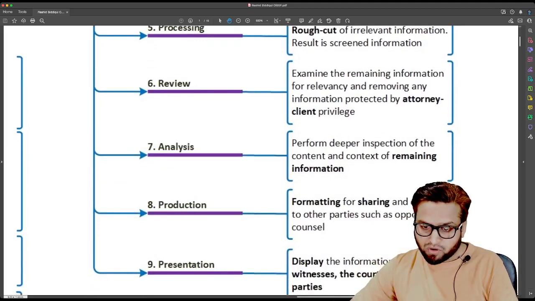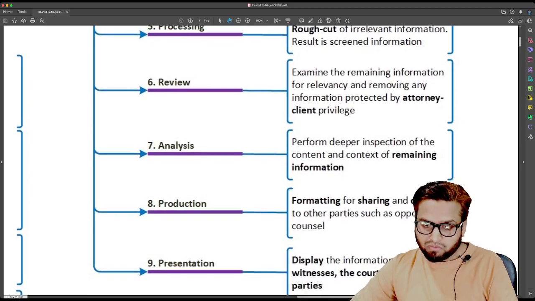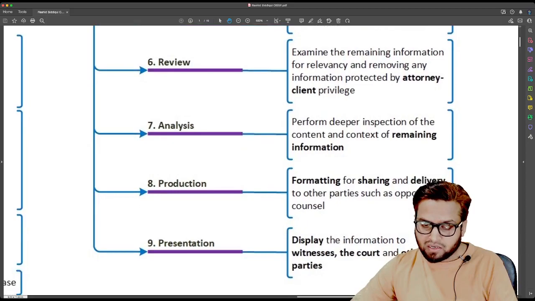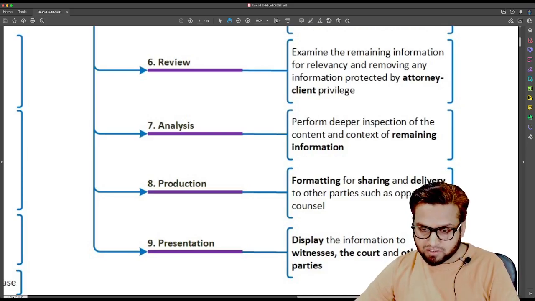Analysis of information is to perform a deeper inspection of the content and context of the remaining information, right? So we are not just presenting the result of whatever we have done. Let's take an example: there was a database breach, and till step number 6 we will be removing all the data which is not necessary, not required, or is protected by some sort of privacy law or some understanding between the company and the legal team.